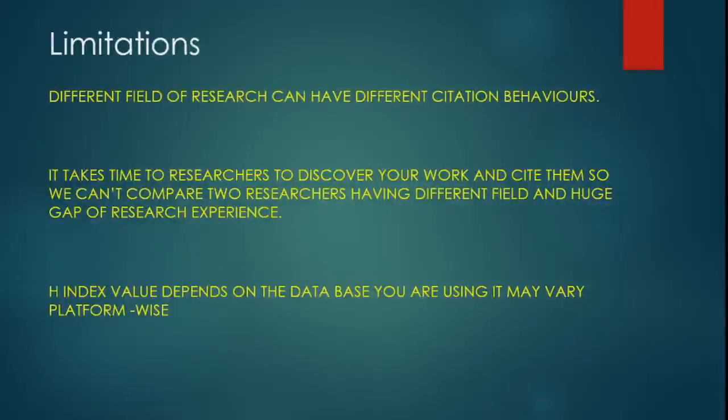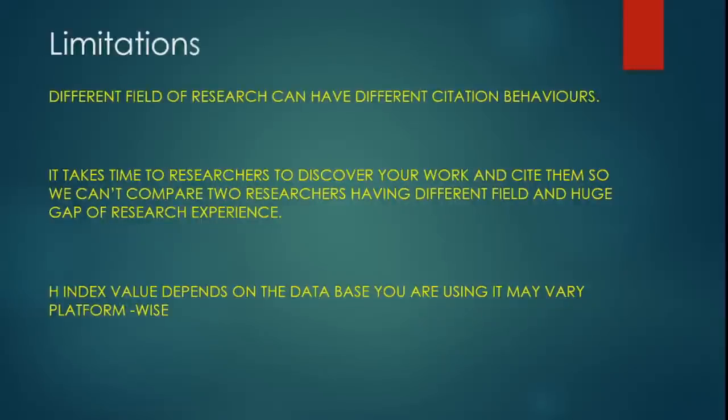But a professor who has 20 or 25 years of research experience may have many papers, and accordingly their h-index and i10 index may be very high. For example, my h-index is 6 or 7 and i10 index is 5, something like that. But we see that Professor Virendra's h-index is 38 and i10 index is 80. So there is a huge difference, and we cannot compare like this.